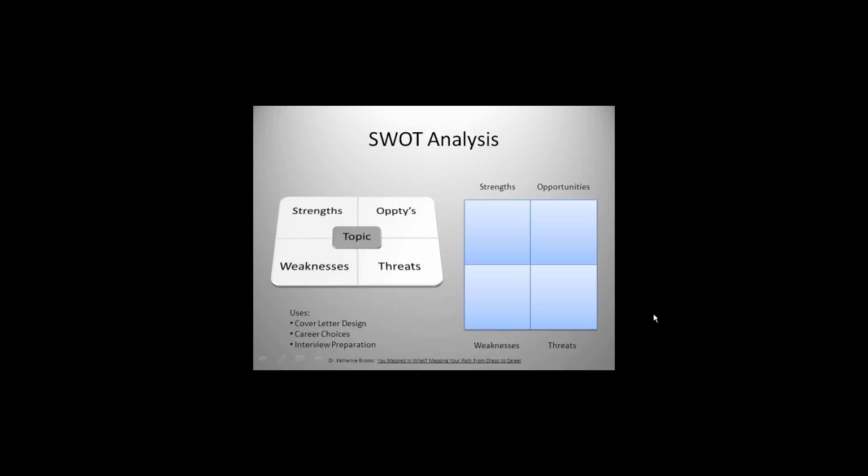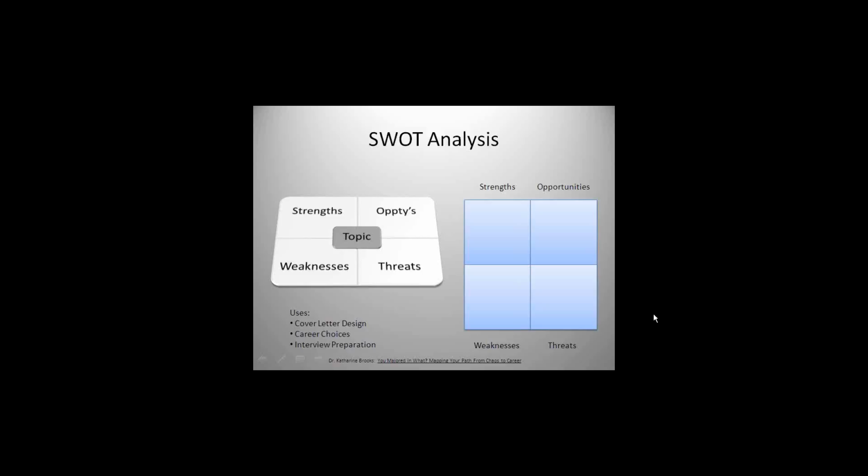What the student can ultimately do is turn that into a sentence in their cover letter: I'm a great team player, as exemplified last semester when I did whatever. So they're building this letter. They're actually creating almost an outline for this letter as they're working on this SWOT.